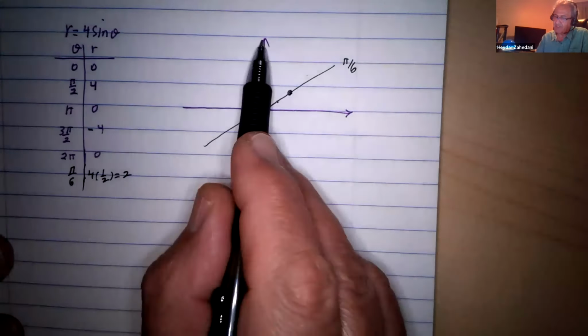This can be done by a calculator, but you must know the shape of the graph. If you get a sine or the cosine, the shape is going to be a circle. So in general, R equal to A sine of theta, or R equal to A cosine of theta, represent circles.